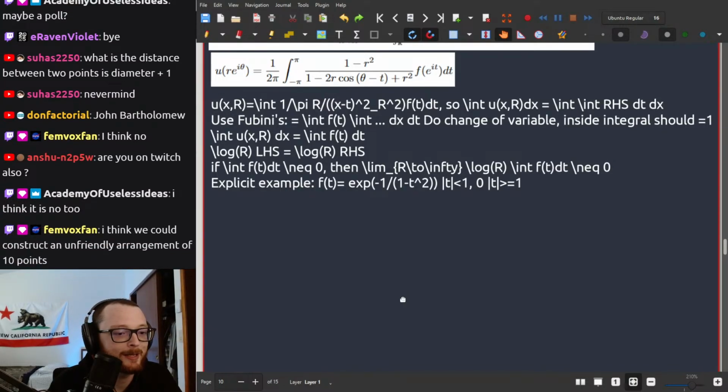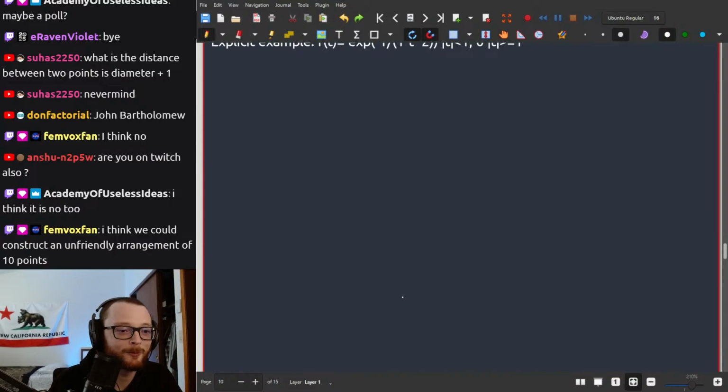An unfriendly... what would a hostile arrangement be? I'm thinking, could we have an equilateral triangle and one in the middle?